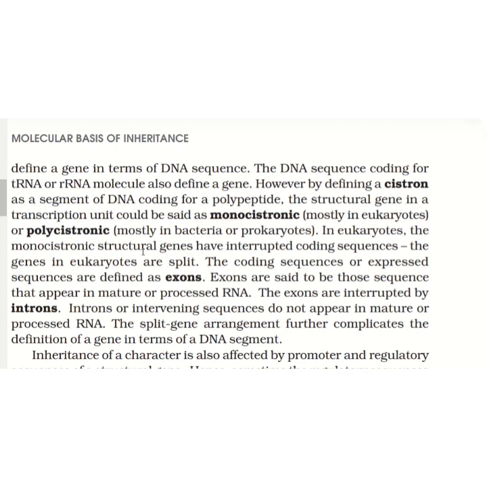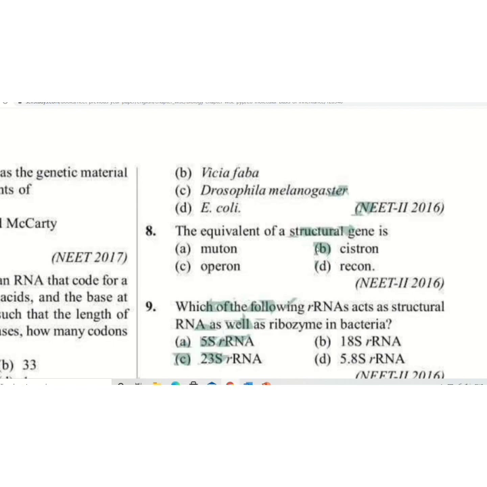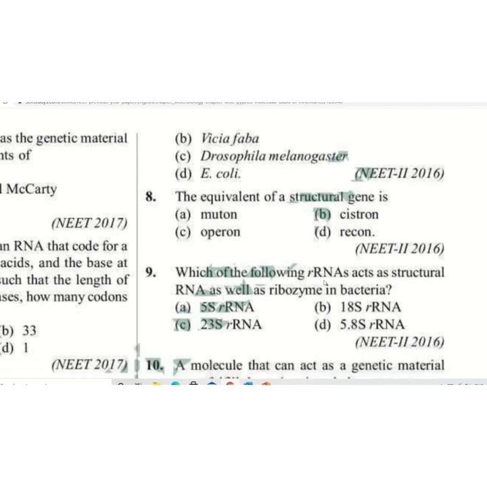So the structural gene is similar to which one? Cistron, the smallest segment of DNA coding for a polypeptide, and the structural gene is the smallest segment of DNA which undergoes transcription. So the equivalent of structural gene is option B, cistron.